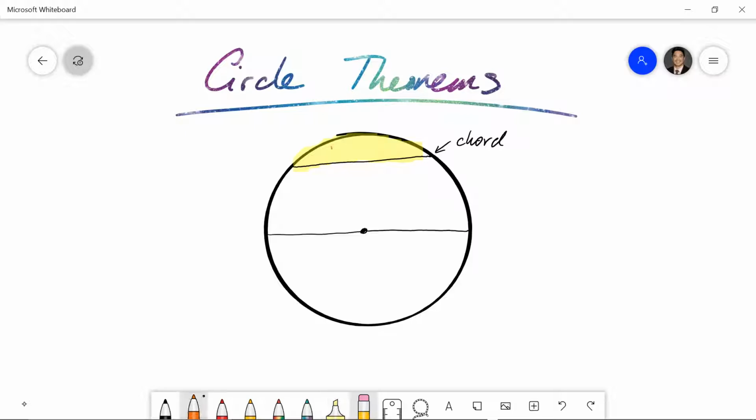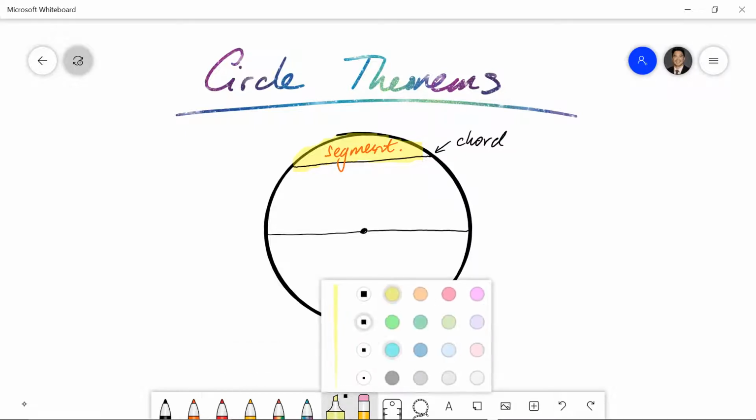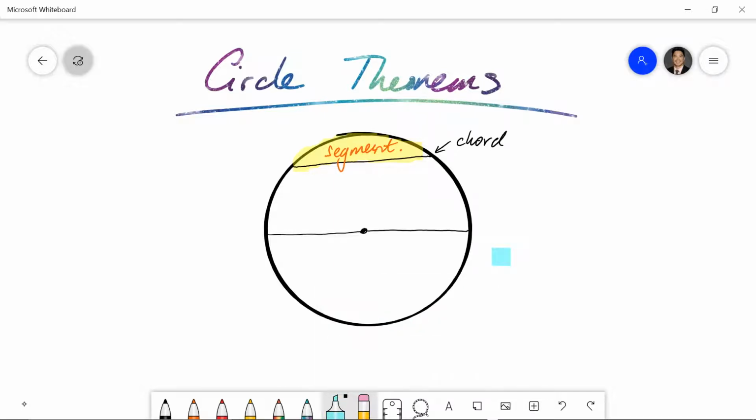Okay, so this is called a segment, but if we were to change the colors, I'm going to erase that part, but that part is also a segment. Okay, so this is a minor segment, and this is a major segment.